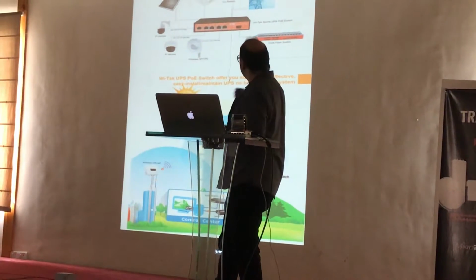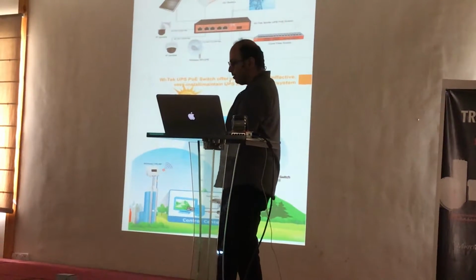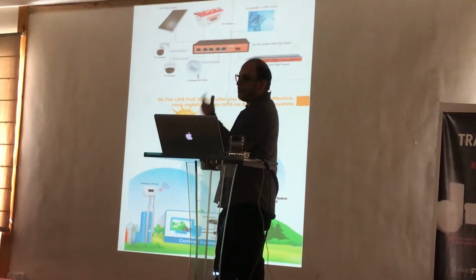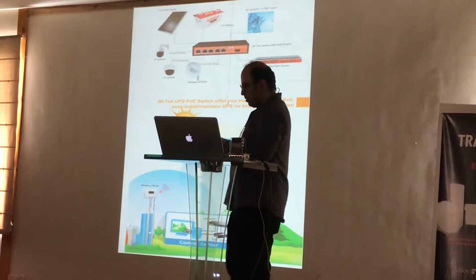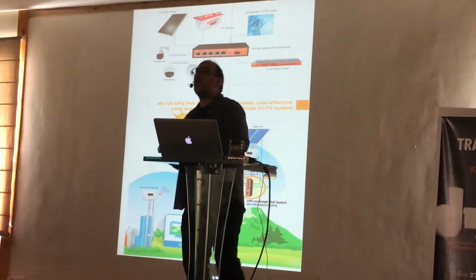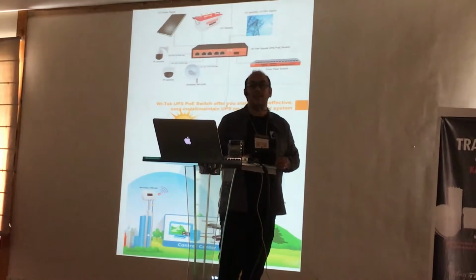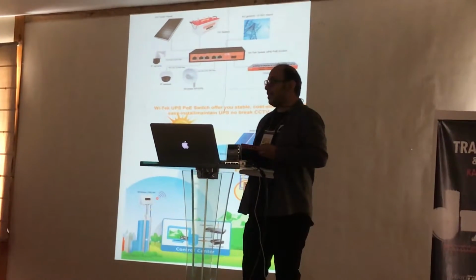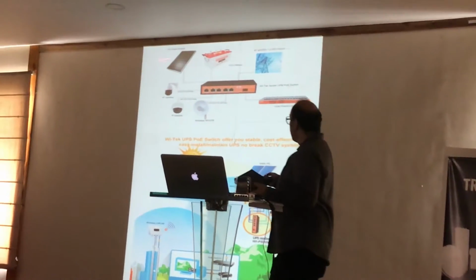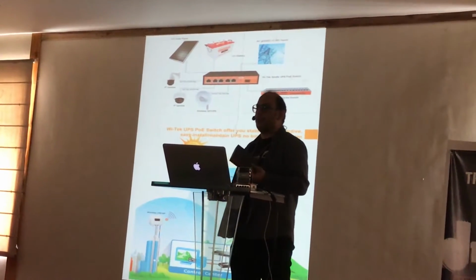Also, if you need to extend your network to somewhere else, it has uplink ports. You can expand your network to another place. This device is designed for rural areas, for places without stable power, where you cannot provide city power. You just need to connect your panel and battery.